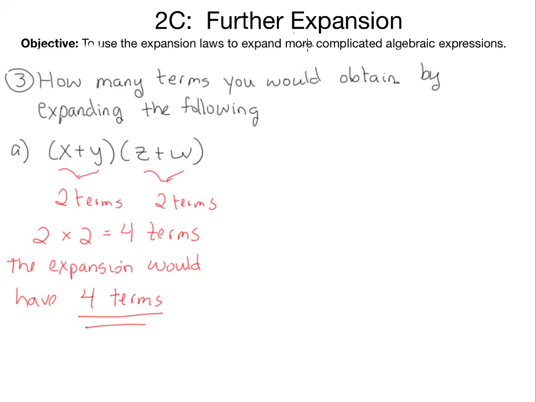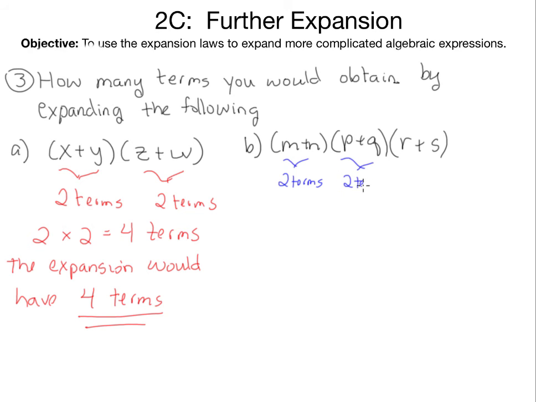Example B, I'm going to take 3 binomials and multiply them together. So let's figure out how many terms I would have in that case. So in this example, I got m plus n times p plus q times r plus s. So again, there's not going to be any like terms to combine. So in my first polynomial, I have 2 terms, or a binomial.